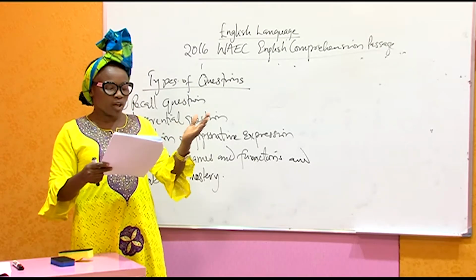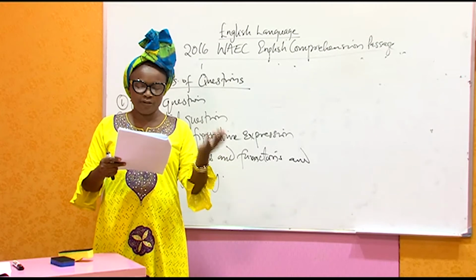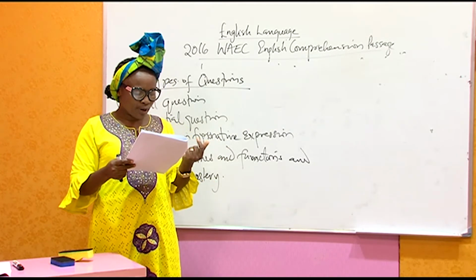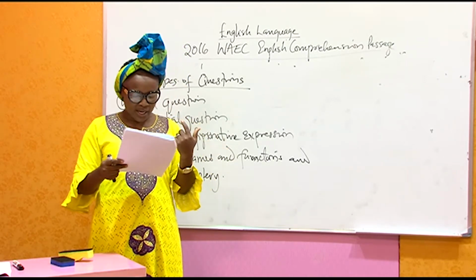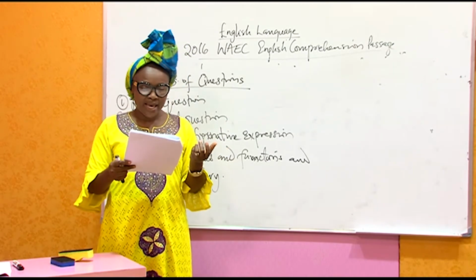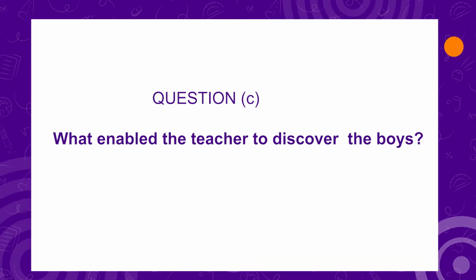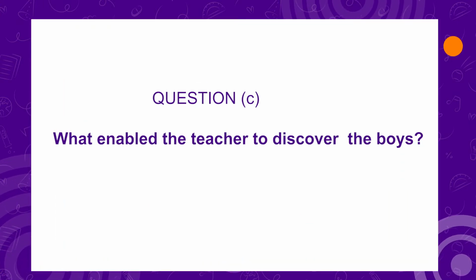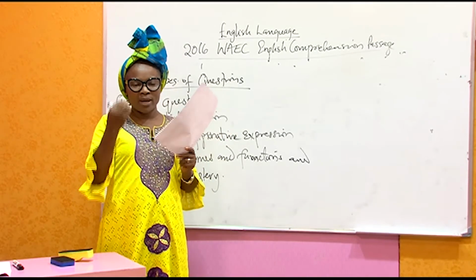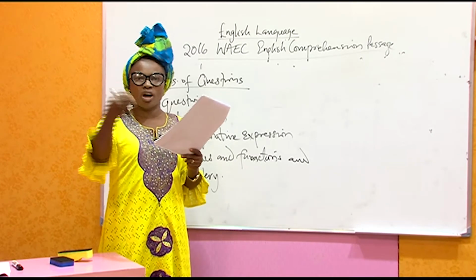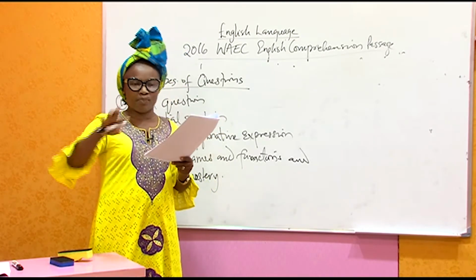Okay, then we'll quickly go to question requiring inference. Question C is a question requiring inference. So it states, what enabled the teacher to discover the boys? Remember, I told us that inferential questions are questions whose answers are deduced from the information given in the passage.